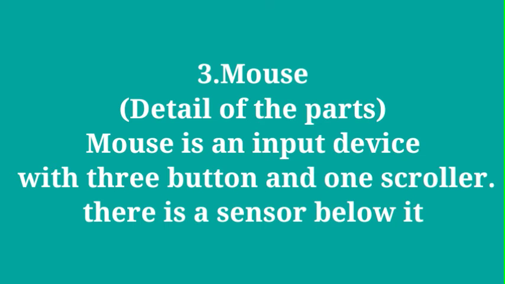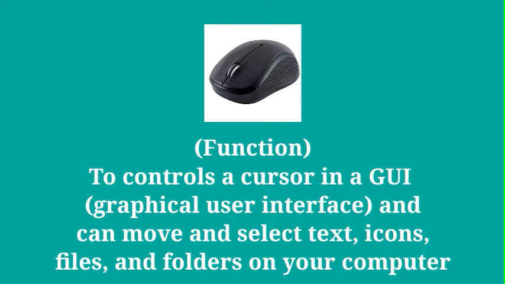Number 3. Mouse. Details: a mouse is an input device with 3 buttons and 1 scroller. There is a sensor below it. Function. To control a cursor in a GUI, graphical user interface, and to move and select text, icons, files, and folders on your computer.